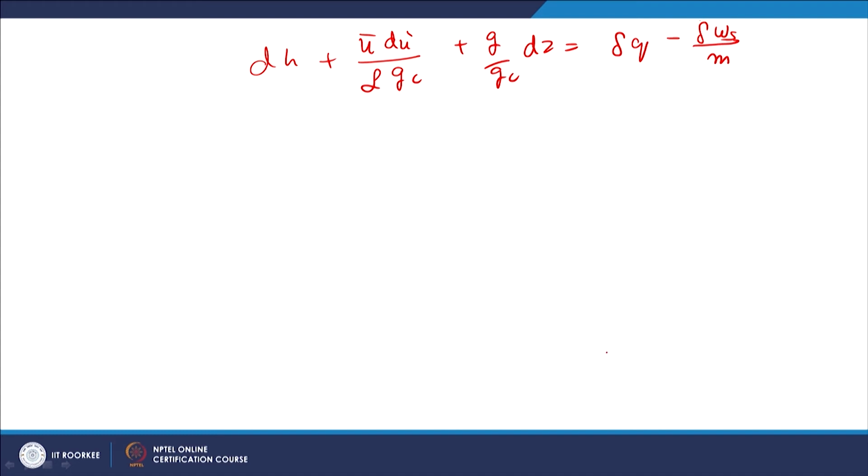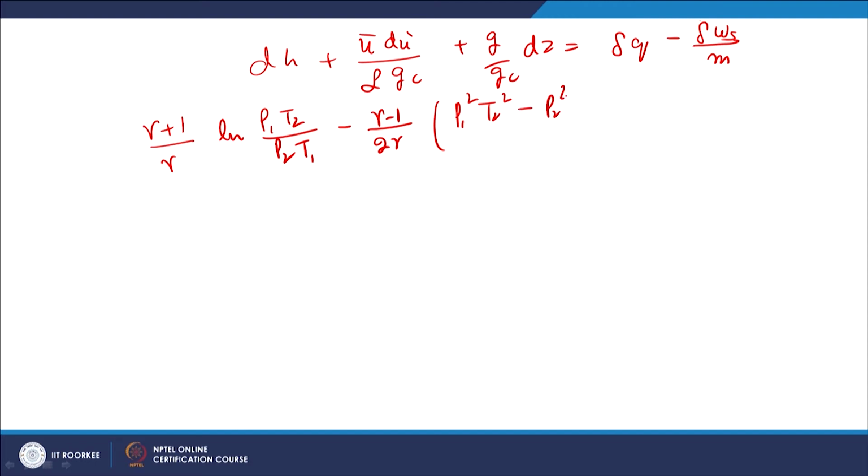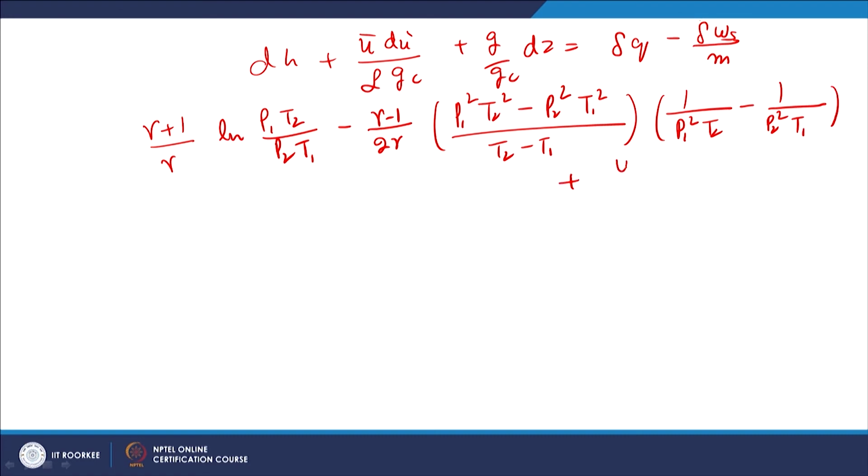If we go ahead further, then this is represented by (γ+1)/γ ln(P1 T2/P2 T1) minus (γ-1)/γ (P1² T2² minus P2² T1²)/(T2 minus T1) times 1/(P1² T2 minus P2² T1) plus 4FL/D is equal to 0.